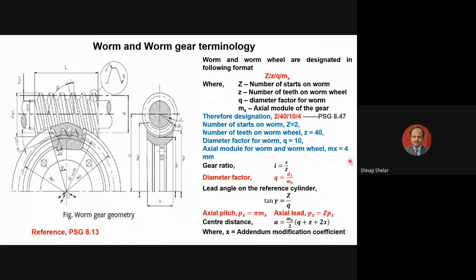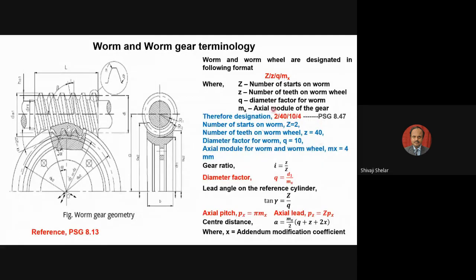Now the axial distance, that is A, will be half of this diameter and half of this diameter. So this diameter is 40, half of this is 20, and this diameter is 160, half of this is 80. So 80 plus 20 is 100 mm. So you can see the table value I had selected was 100 mm center distance. So from that, these conditions are satisfied.